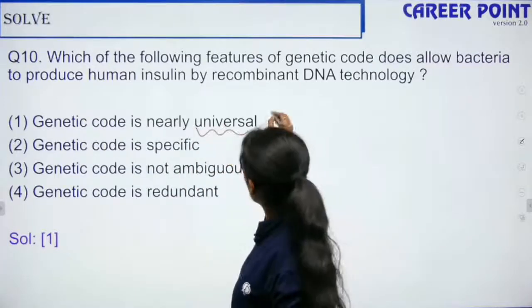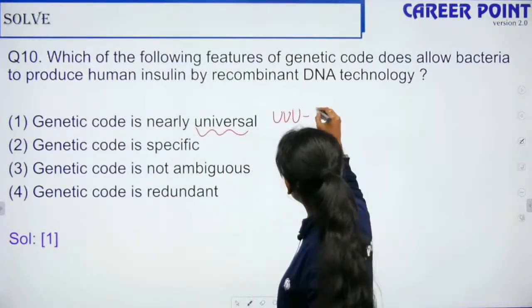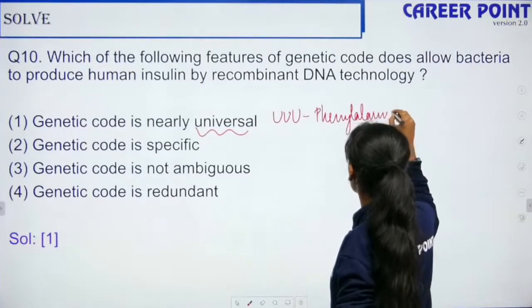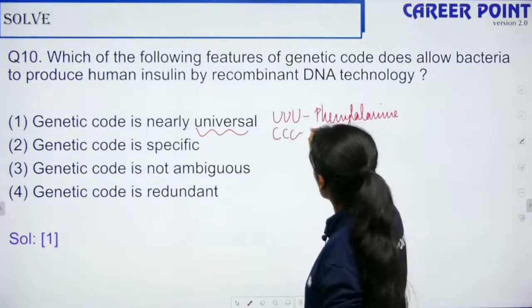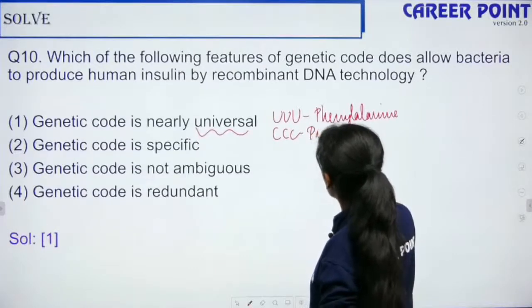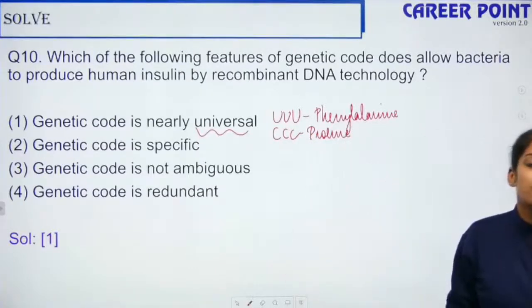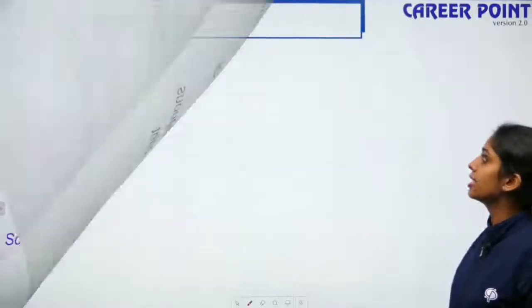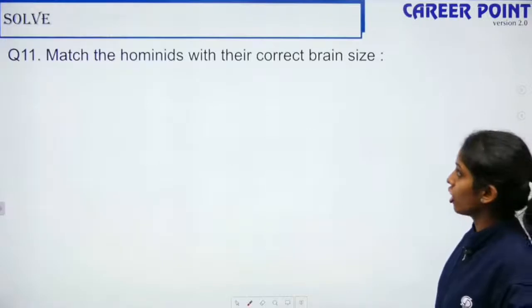U codes for phenylalanine in all living organisms, and C codes for proline in all living organisms. So this universal property of the genetic code enables us to easily produce human insulin by recombinant DNA technology.